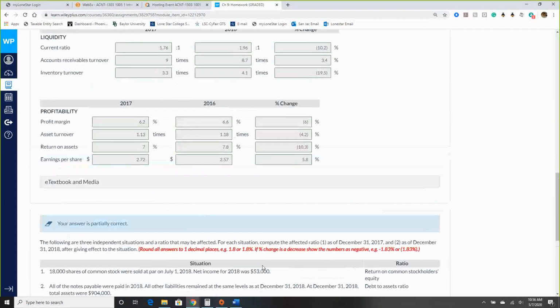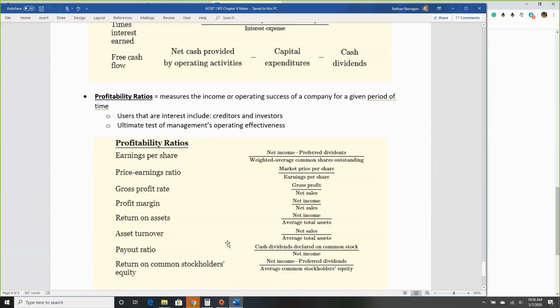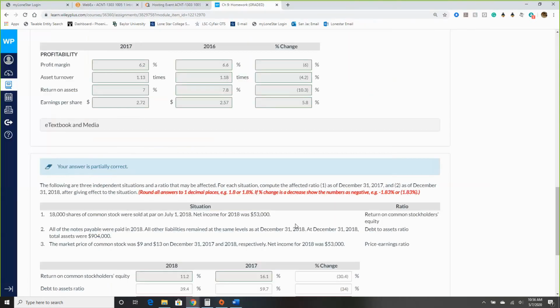Okay. For 2018, let's see. We gotta figure out earnings per share for 2018, which is net income divided by weighted average common shares outstanding. Now this is the interesting part. They said the following are three independent situations and a ratio that may be affected. So if they're independent, then this one probably is not going to affect this one.